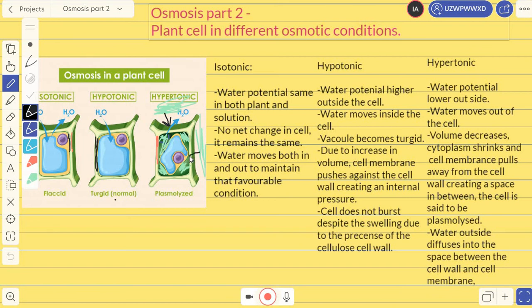It moves back in, and when it moves back in, it will actually fill up the spaces between the cell membrane and the cell wall. Now I'm coloring this with black because then that water will diffuse in between the space between the cell wall and the cell membrane. So then the space will be filled. This is what happens in the case of a hypertonic solution.